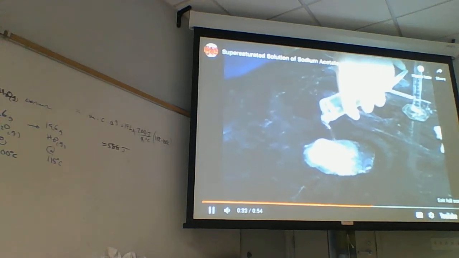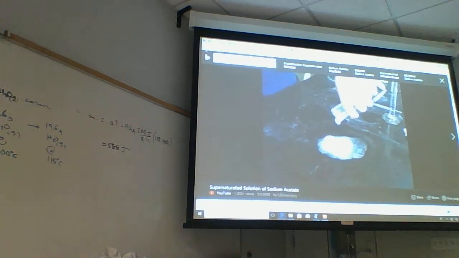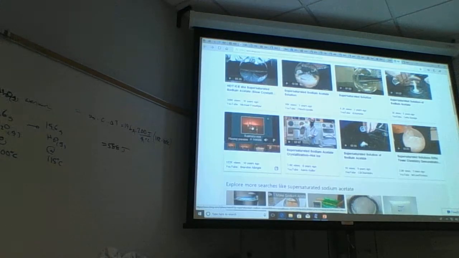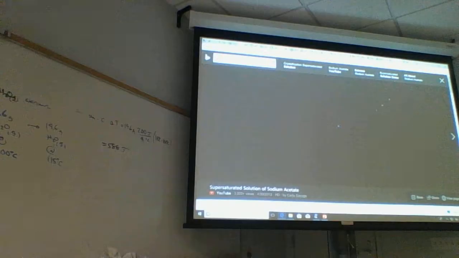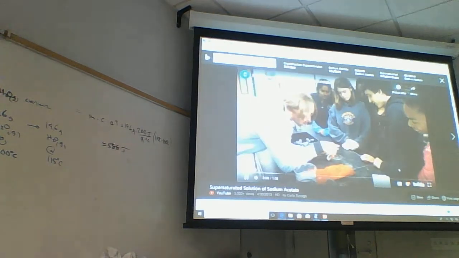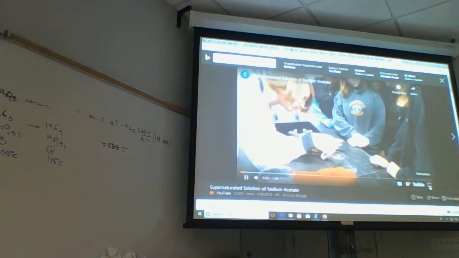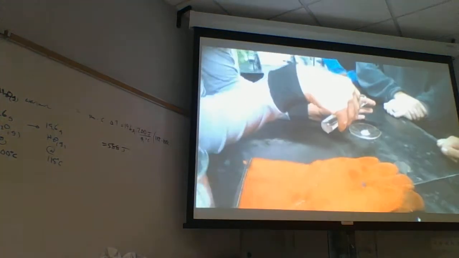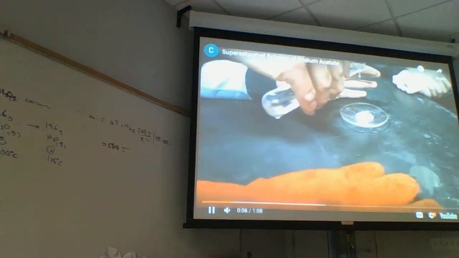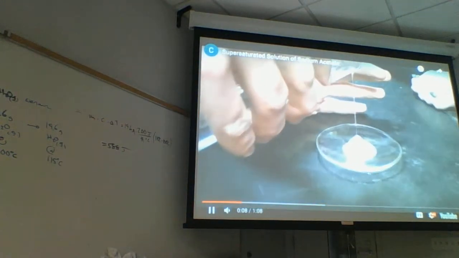Oh no, crystallizing now. Alright, hopefully this is better. Look at it go. The seed crystal there.